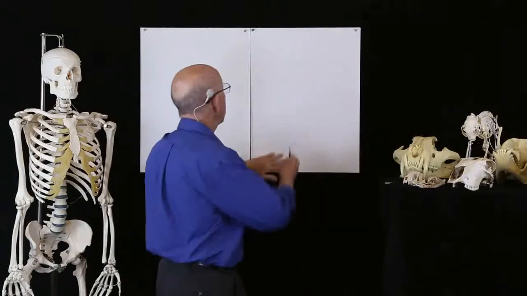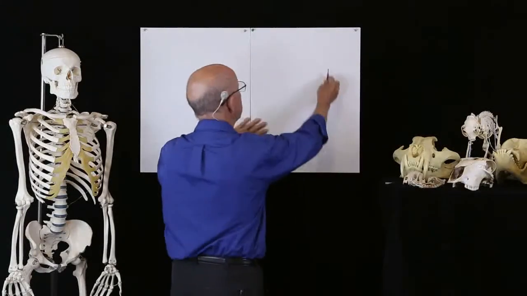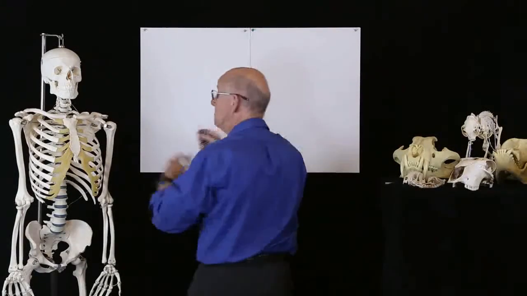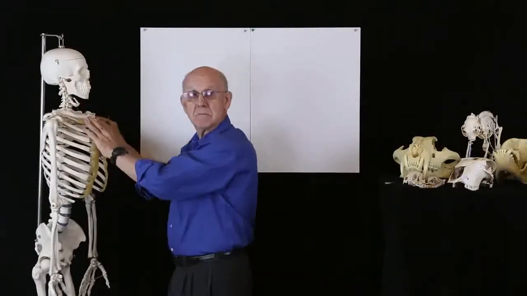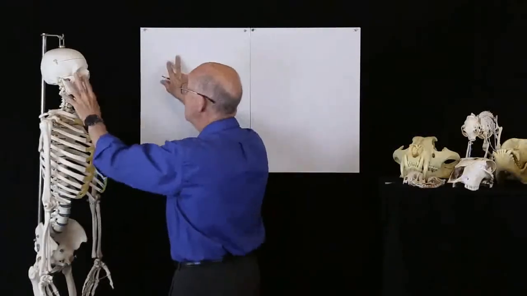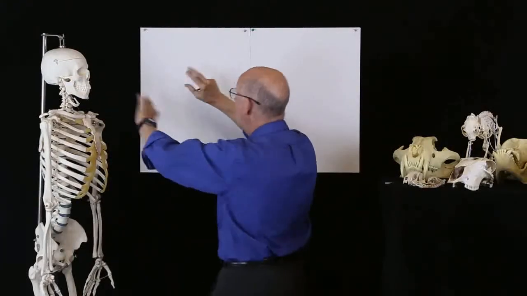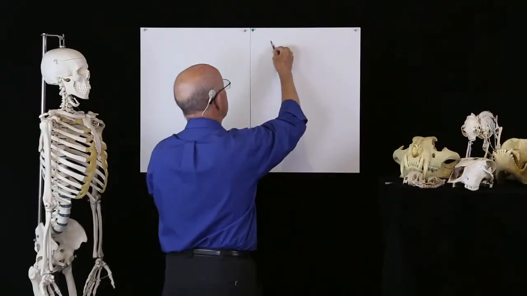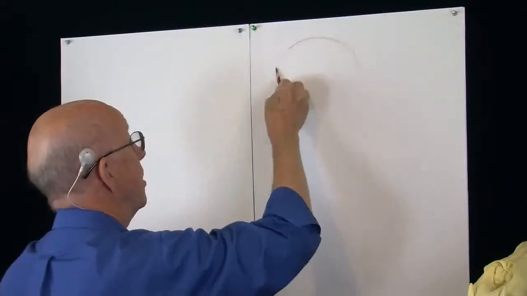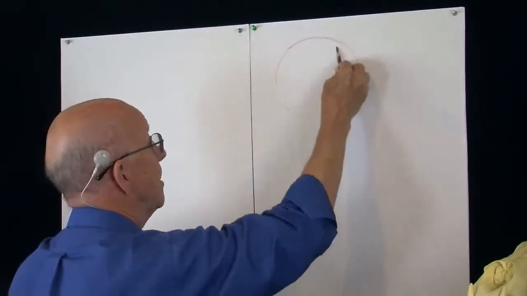So let's start here. We begin with the human. We've got our skull. Look at this. If we start with this, the beginning point is the human skull. I'm just doing a bit of a profile here. Very simple.